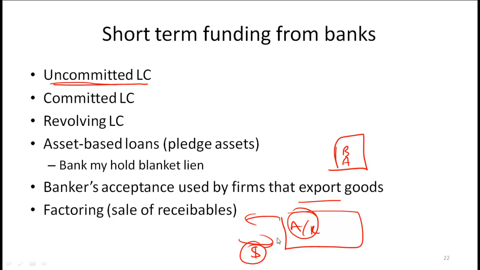You might recall that in the CFO segment of the cash flow reading, we talked about this. Here all you need to know is that factoring, which is the sale of receivables, is also a way of raising funds.